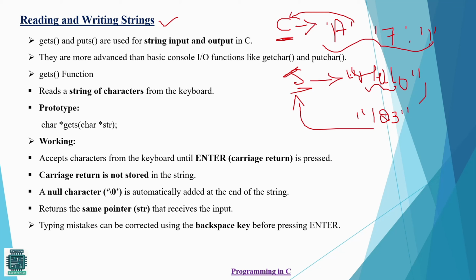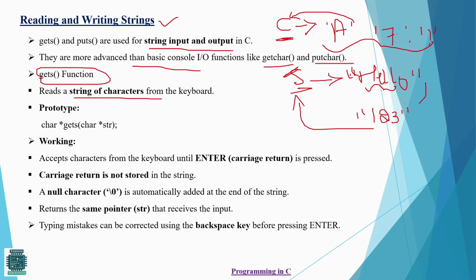gets and puts are used for string input and output in C. They are more advanced than basic console I/O functions like getchar and putchar. The gets function reads a string of characters from the keyboard. What is the prototype of this gets function? The important point is that you must write the prototype for everything.